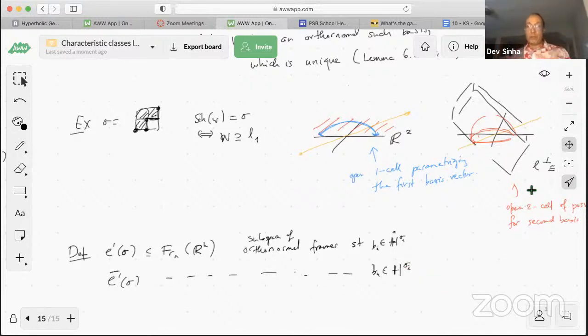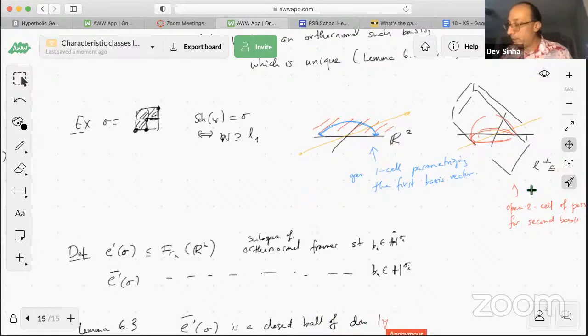So now I've closed it up, and then inside this frame space, this is lemma 6.3, and then we're going to talk about theorem 6.4. Inside the frame space, E prime sigma is a closed ball of dimension the standard degree of sigma.